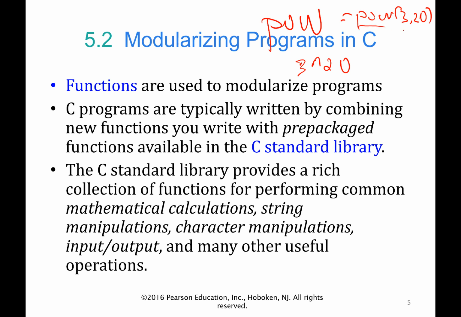So pow is a function call, and it's in the math library. There are ones for sines, cosines, tangents, and half a dozen others. We can take strings and convert them all to uppercase or all to lowercase. We've also been using scanf and printf.